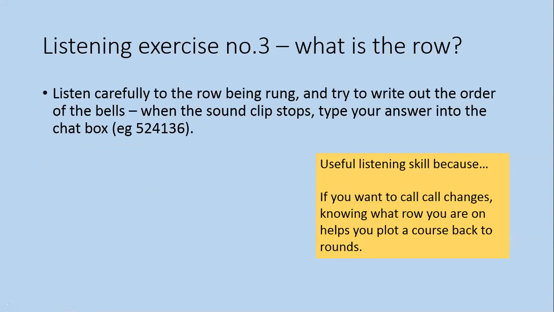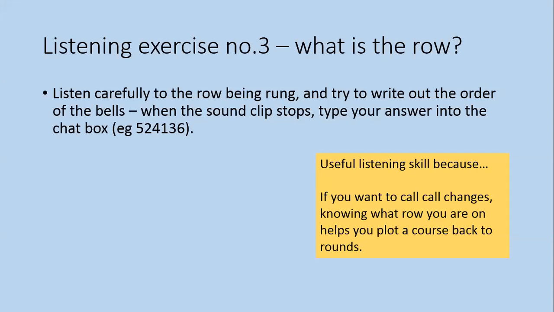This one's even harder actually. This is where a piece of paper would be a useful thing to have. I don't think I'll go with one as hard as like 5, 2, 4, 1, 3, 6. But what I'd like us to do is try to write out what the whole row is. So, for example, rounds is 1, 2, 3, 4, 5, 6.